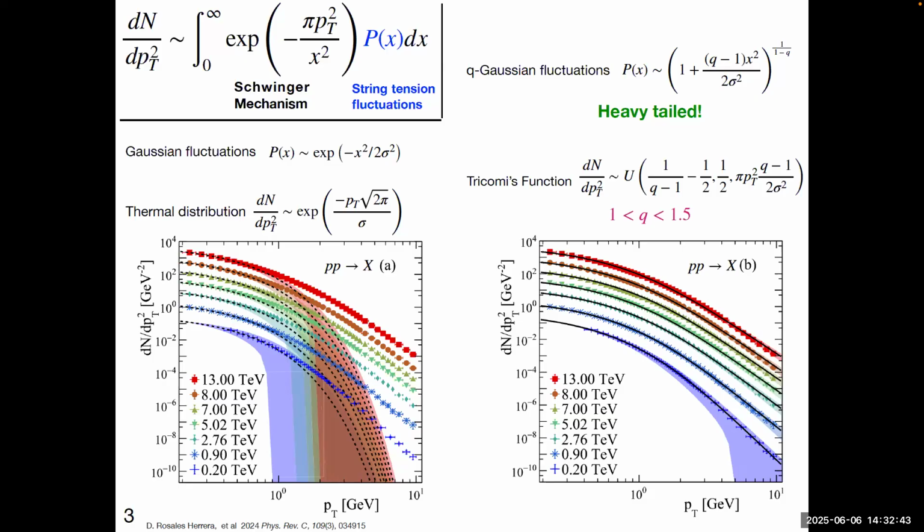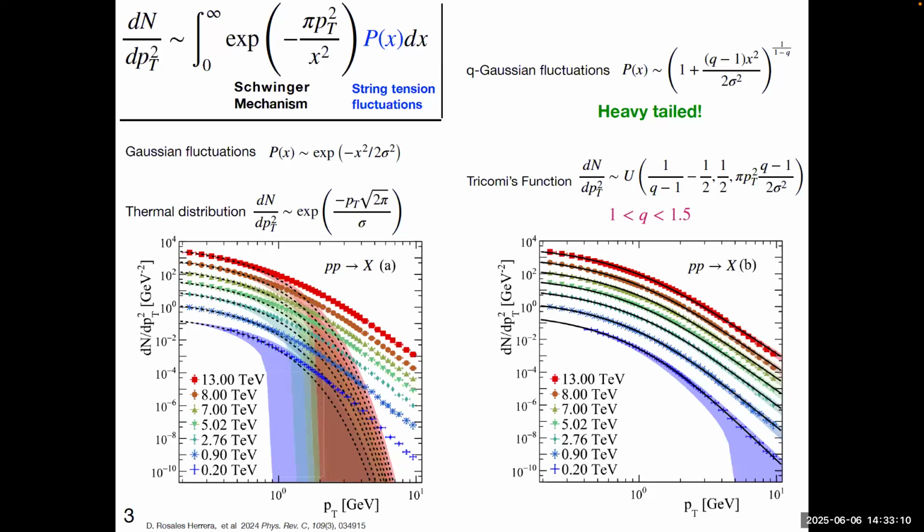But when we compare with experimental data, as we can observe in this plot for charged particle production from proton-proton collisions, with data from RHIC and ALICE at different center of mass energies, this thermal distribution only fits the low PT regime. For high PT values, it considerably deviates from the experimental data.